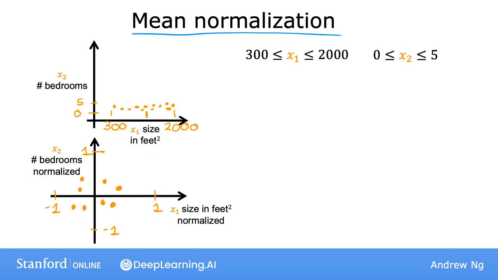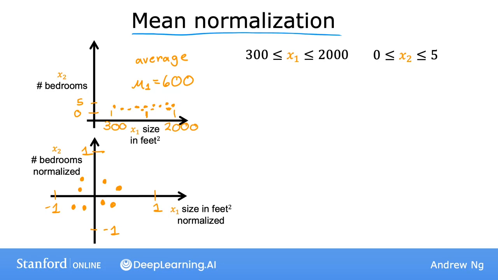To calculate the mean normalization of x1, first find the average, also called the mean, of x1 on your training set, and let's call this mean mu1, with this being the Greek alphabet mu. For example, you may find that the average of feature 1, mu1, is 600 square feet.